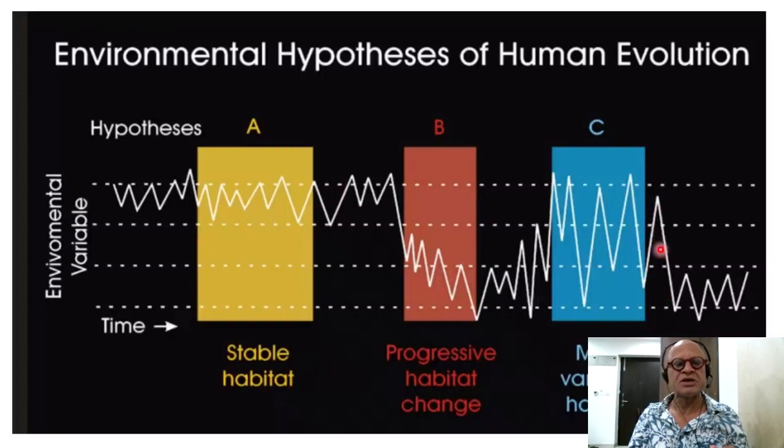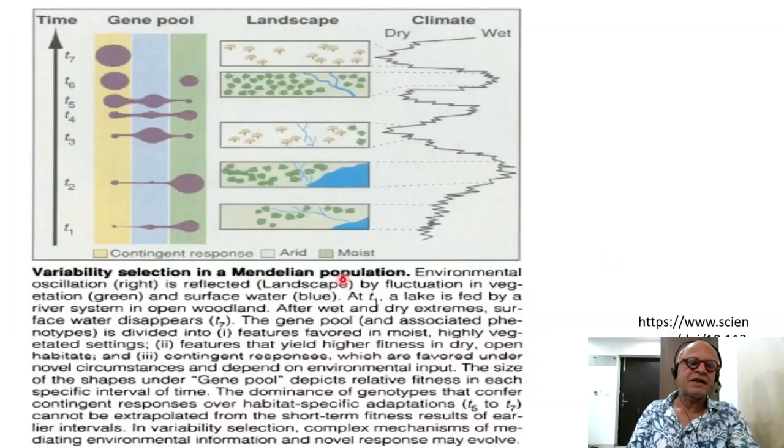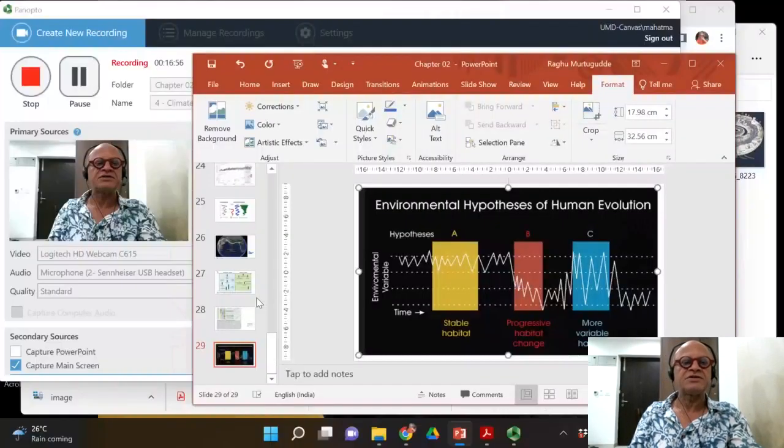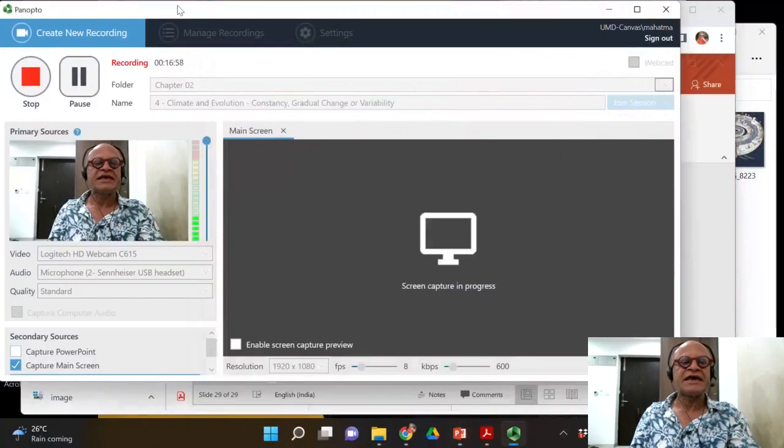So the question is, what benefits evolution most? Is it a stable habitat? Is it a progressive habitat change? Or is it a more variable habitat? Obviously, he implies that a variable habitat is more favorable for Mendelian population selection, but this is just one hypothesis, and this question is not so easily answered.